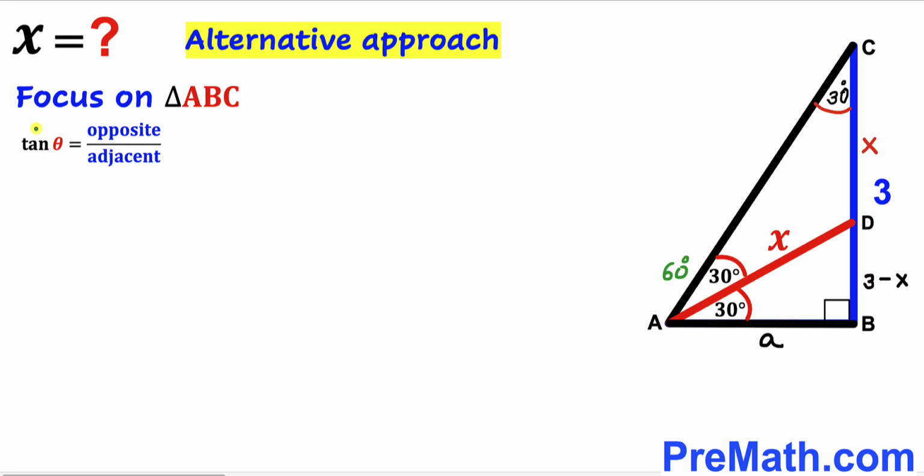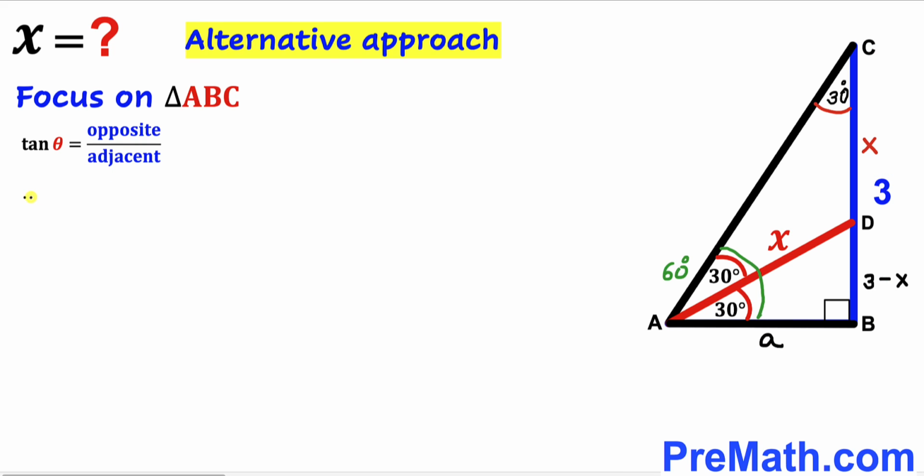Now let's recall this trigonometric ratio: tangent of theta is always equal to opposite side divided by the adjacent side. For this whole angle 60 degrees, this side is our adjacent side, and this whole side is our opposite side.